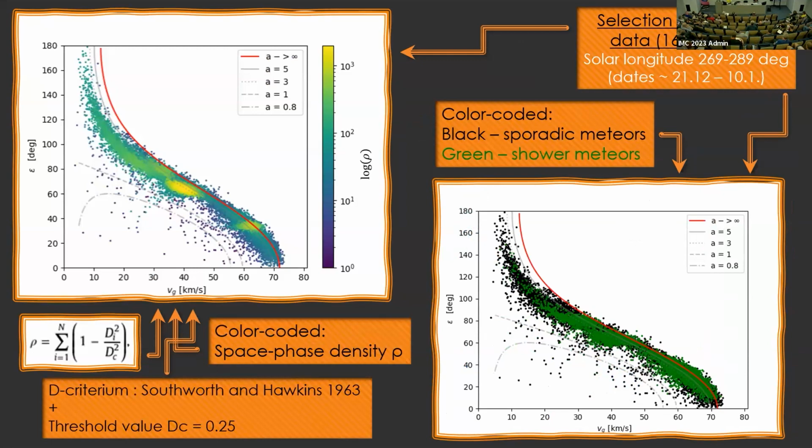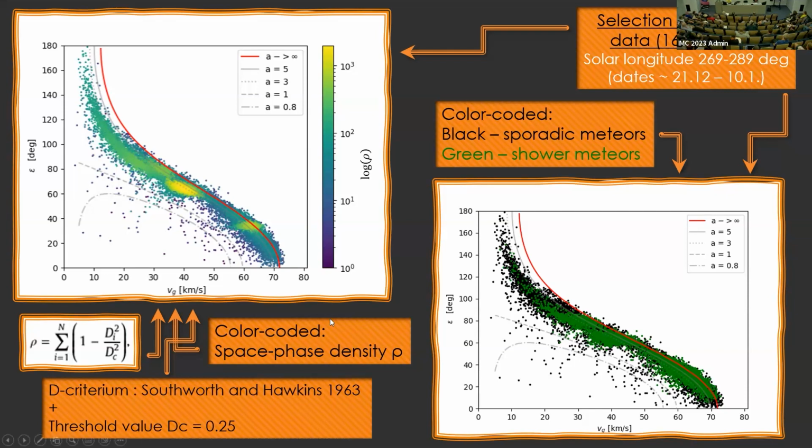On the right, you can see the black dots, those are sporadic meteors, and the green ones are shower meteors. And you can see there is a clear, continuous spread above the parabolic limit, which shouldn't exist, and it's bigger and bigger when you look at higher and higher geocentric velocities.